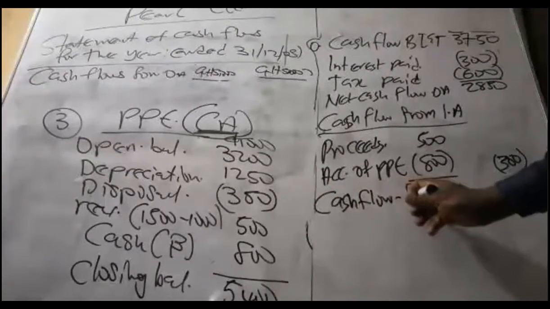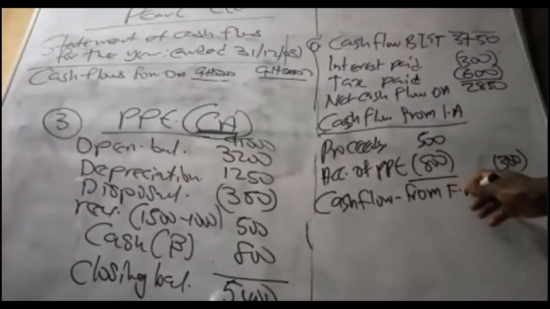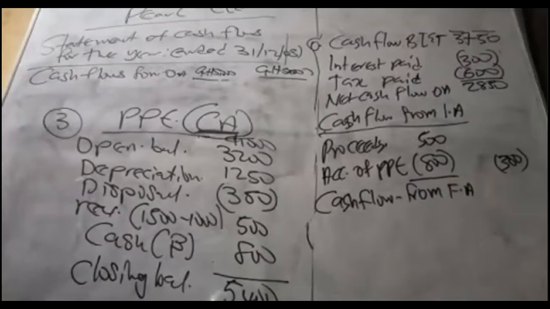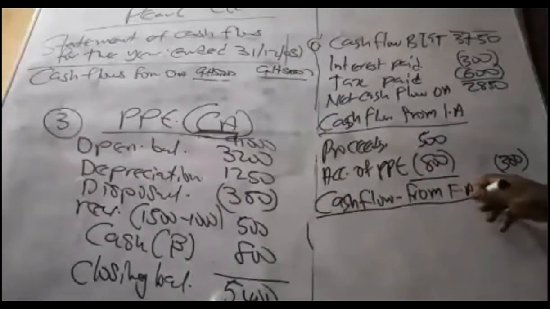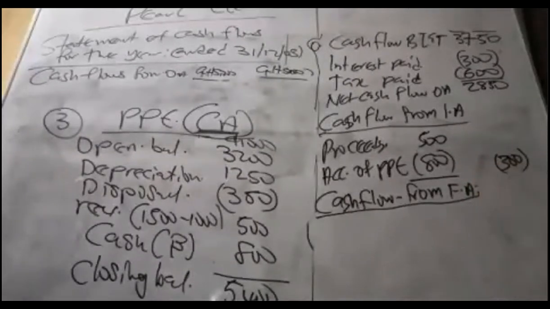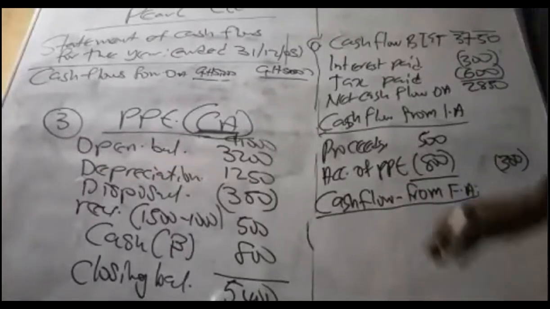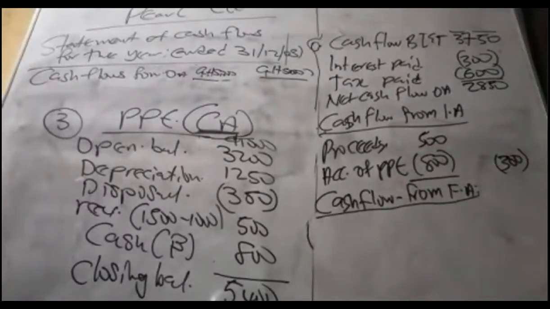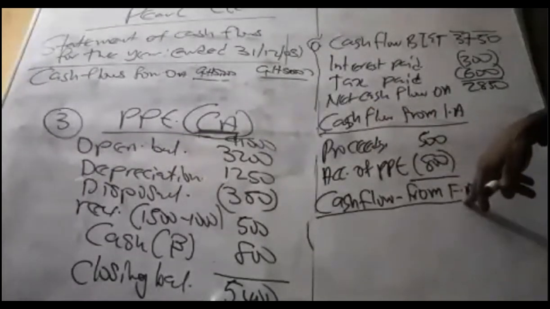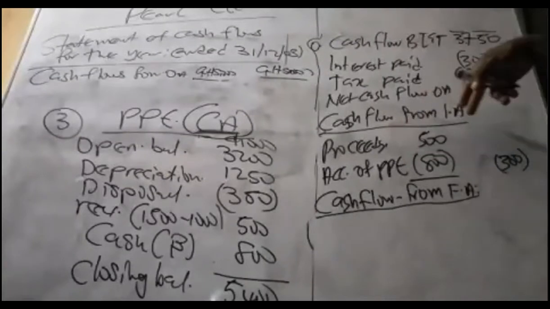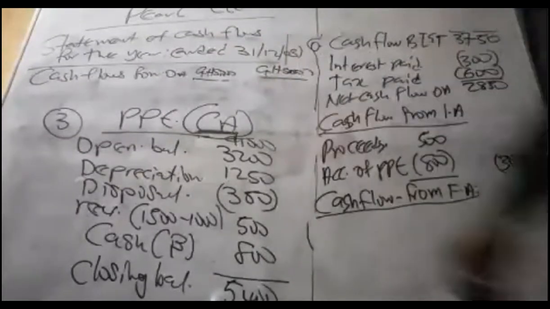I'll underline it and put two columns there, telling us that all the information below is under financing activity. This one is under investing activities. And this one was under operating activities.